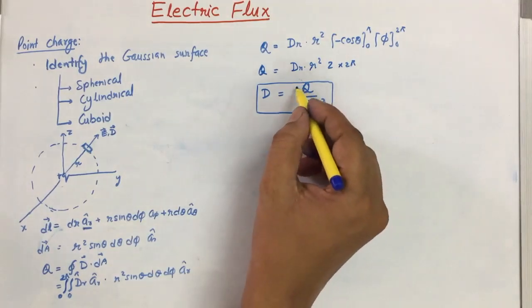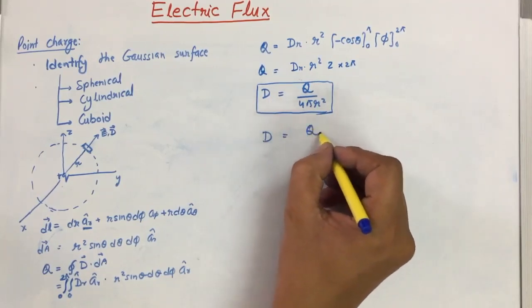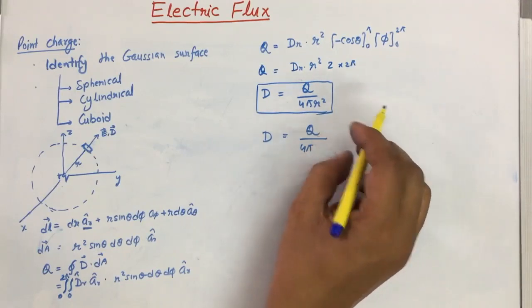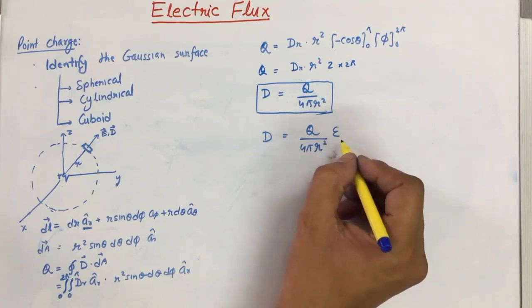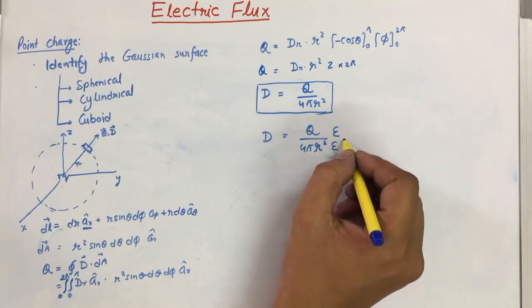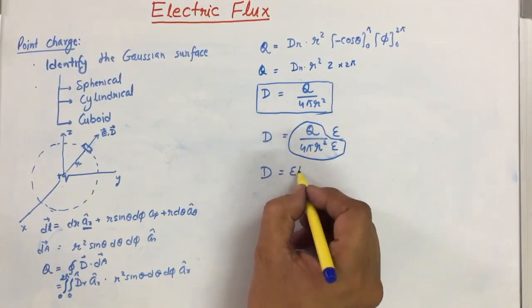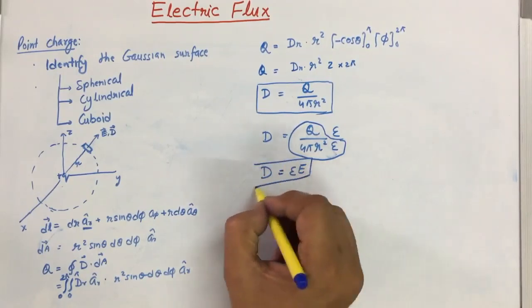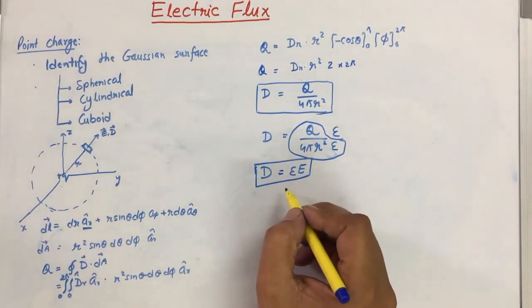And if we multiply it with epsilon, then how much will it be? It will be equal to E. So we can say D is equal to epsilon E, which we said in the beginning.